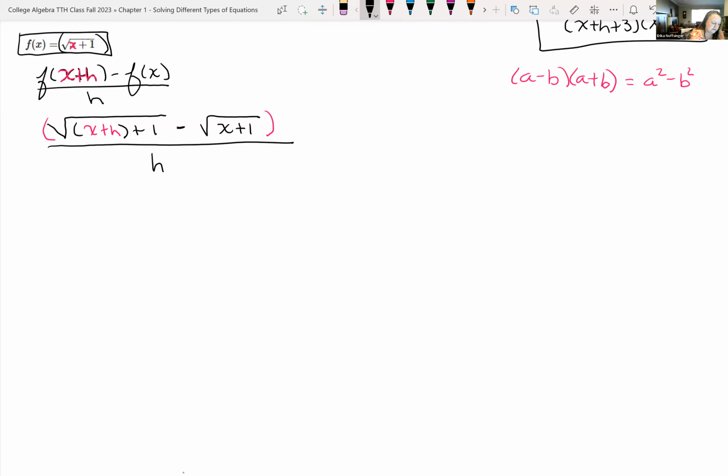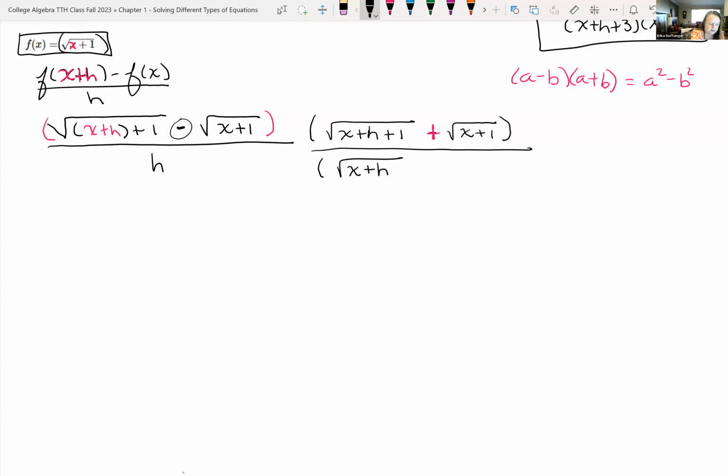This was a minus, so if I change the sign in between my two radicals to be a plus, we'd have the square root of x plus h plus 1, minus that conjugate, so it's going to be plus the square root of x plus 1. But I don't want to change my expression, and so I can make an equivalent expression by multiplying this fraction by a fancy one, which happens to be the conjugate of the numerator.